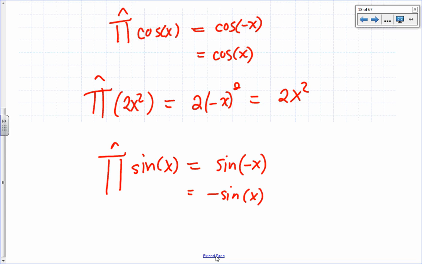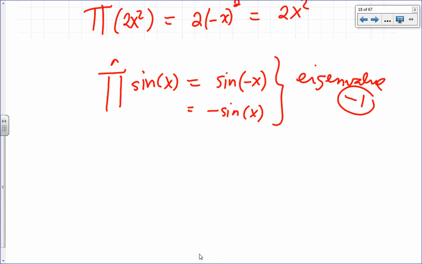So is sine x an eigenfunction? Yes. And what's the eigenvalue? In this case, the eigenvalue is negative 1. So an odd function is an eigenfunction with an eigenvalue of negative 1. An even function is also an eigenfunction of the parity operator with an eigenvalue of plus 1. Okay?